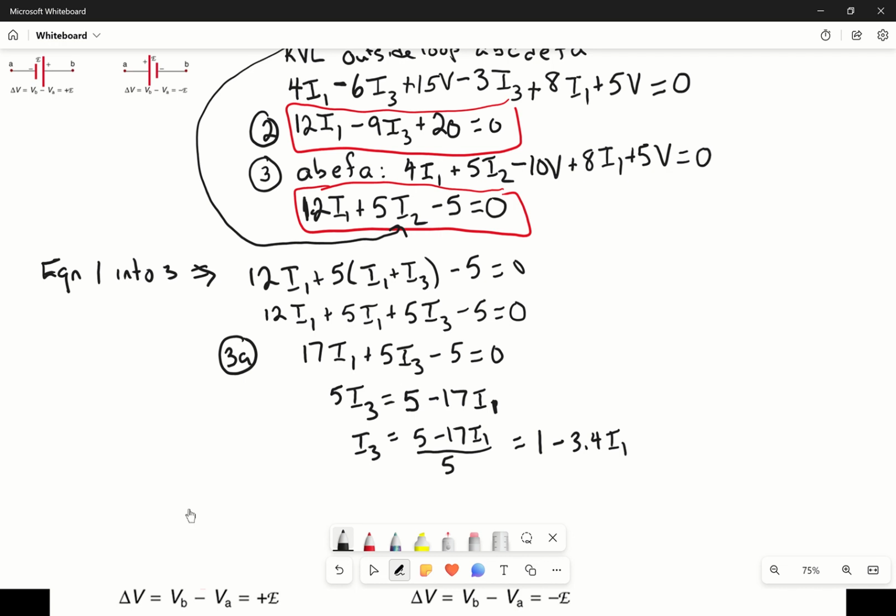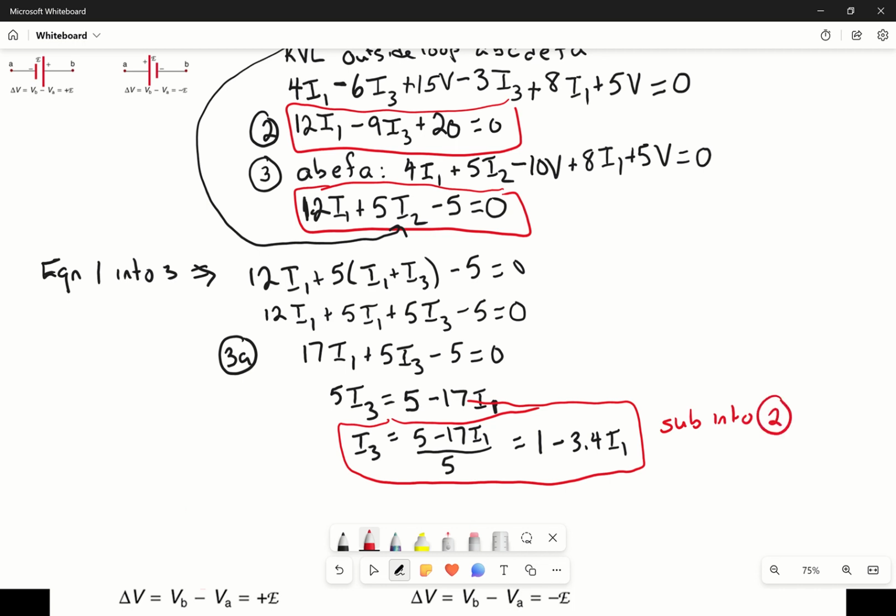Okay, so now I've got I3 in terms of I1. All right, so now what am I going to do? So I've used equation 1, I've used equation 3, so the only equation that I haven't used yet is equation 2. So I'm going to substitute this into equation 2.